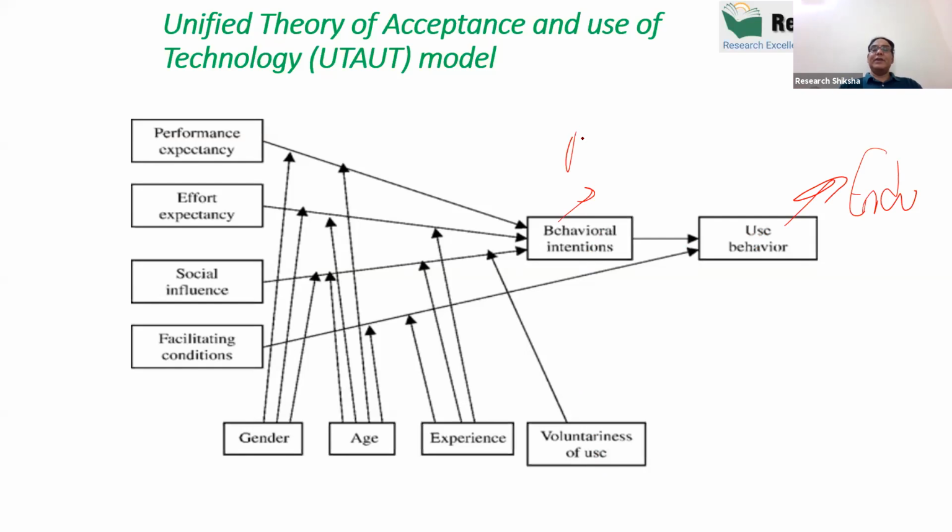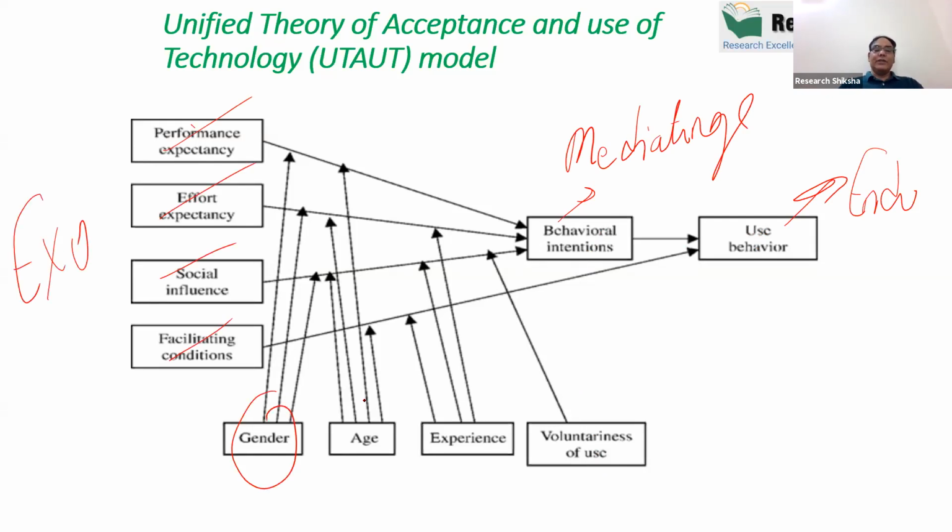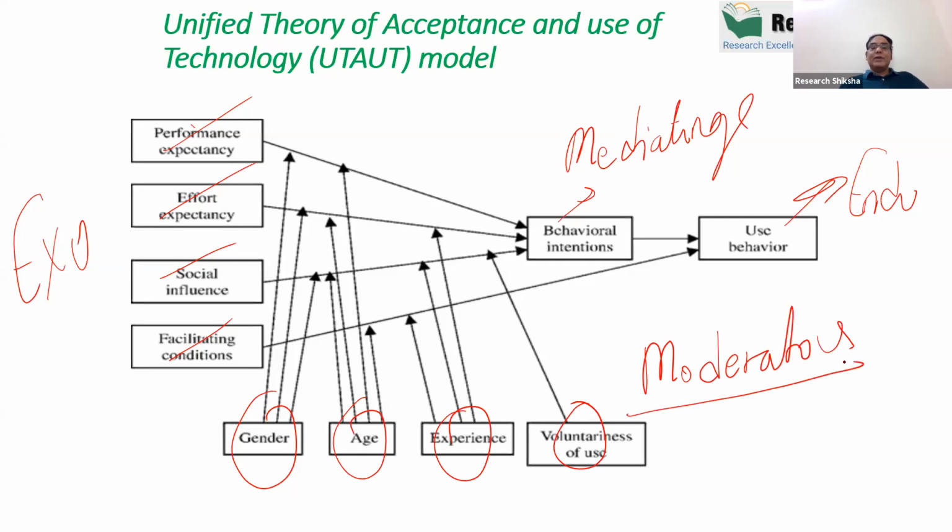This is called mediating, because it comes in between, and these are the purely exogenous, and all these variables are called moderators, because the adoption of technology depends upon gender, age, experience, and voluntariness of use. So these variables are known as moderators. So we have the mediators in this, moderators in this, endogenous and exogenous.